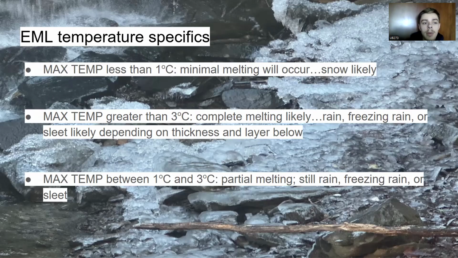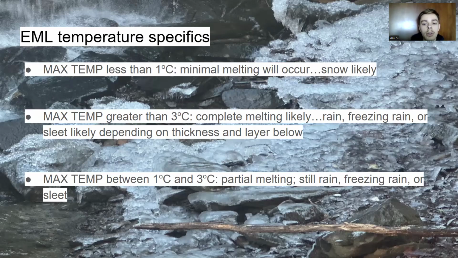Some specifics about the elevated melting layer for temperatures that you need to look at. Is the maximum temperature less than 1 degree Celsius? Well, then minimal melting will occur, so you can likely think that snow will still happen. If the maximum temperature is greater than 3 degrees Celsius, complete melting is likely.